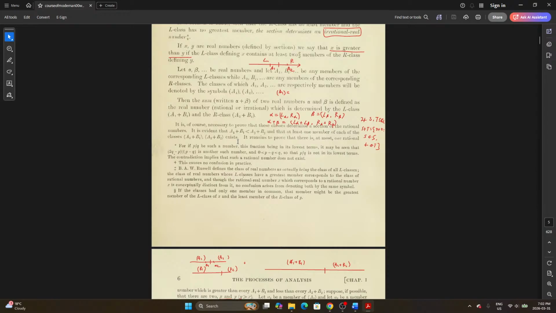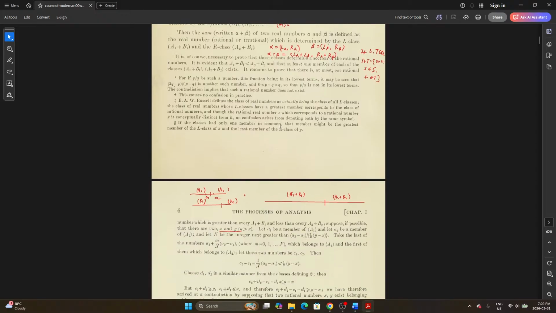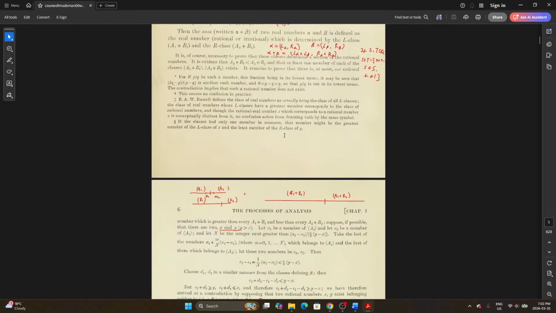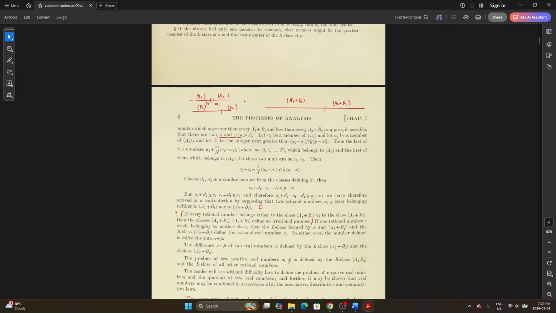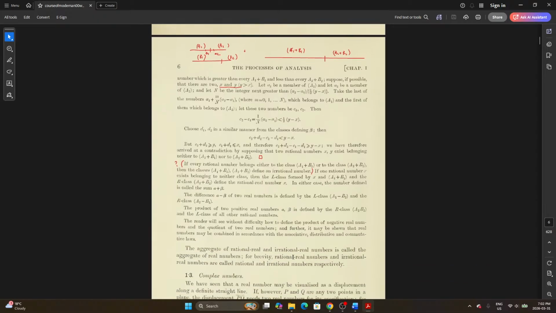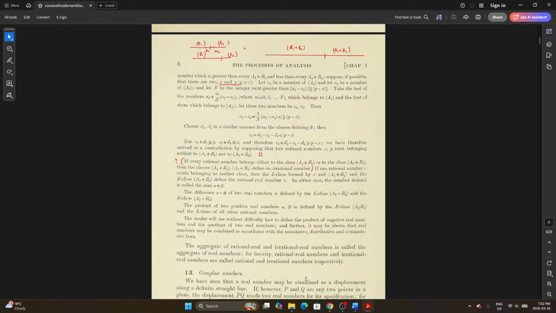Not even the usual algebraic laws, just the fact that addition is closed, meaning if you add two cuts together, you get another cut. And here's the proof given by Whittaker and Watson. And that's about it, which means we as readers have to fill this up.